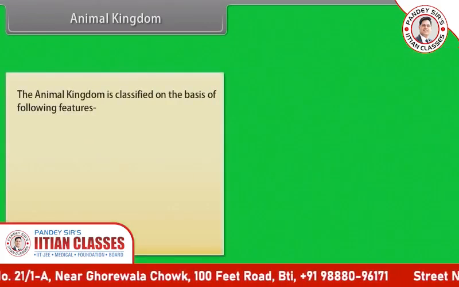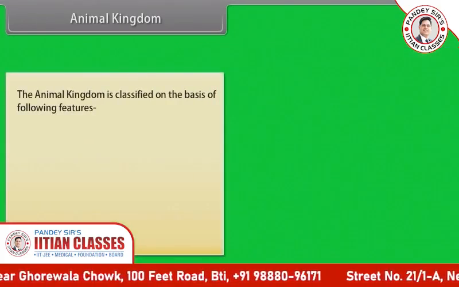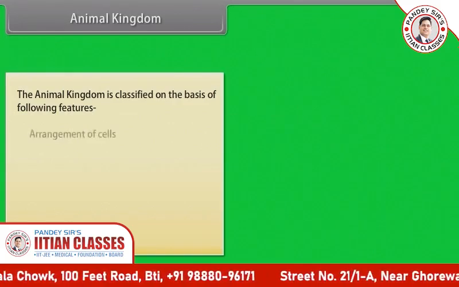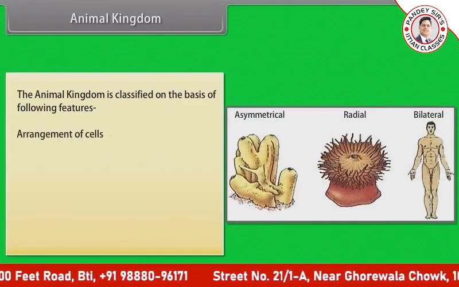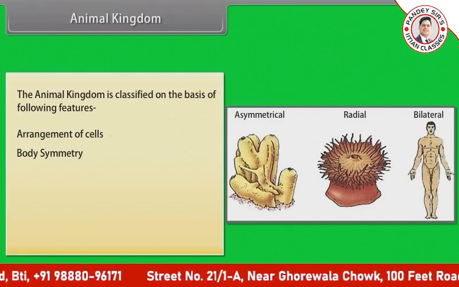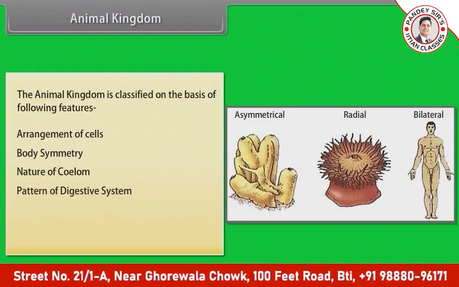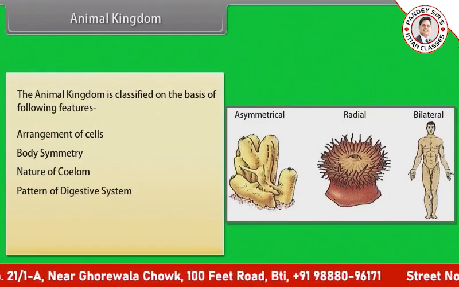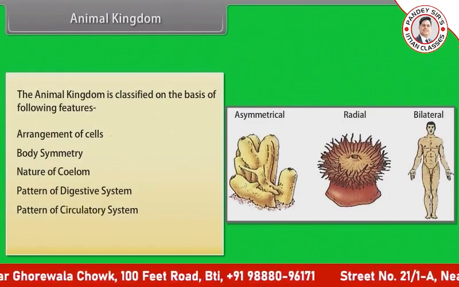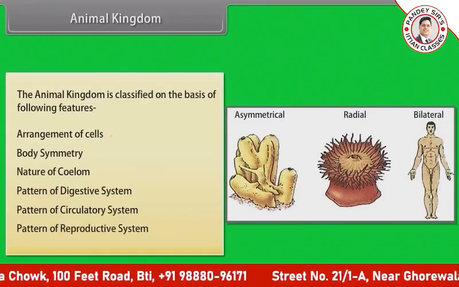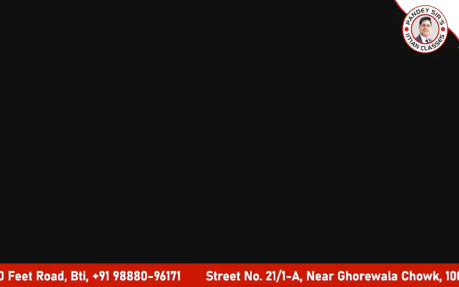All animals are also heterotrophs, meaning they must ingest other organisms for sustenance. The animal kingdom is classified on the basis of the following features: arrangement of cells, body symmetry, nature of coelom, pattern of digestive system, pattern of circulatory system, pattern of reproductive system, level of organization.